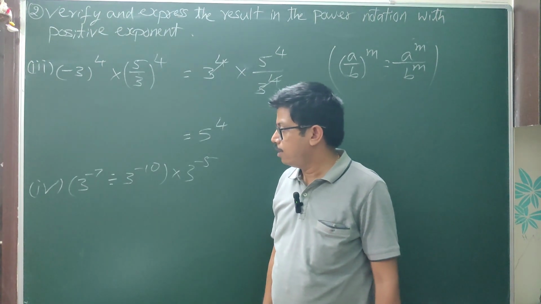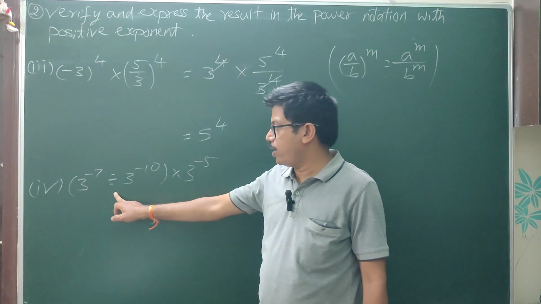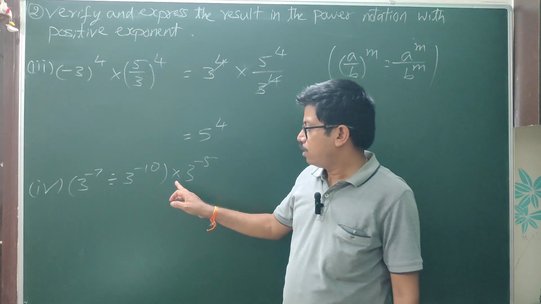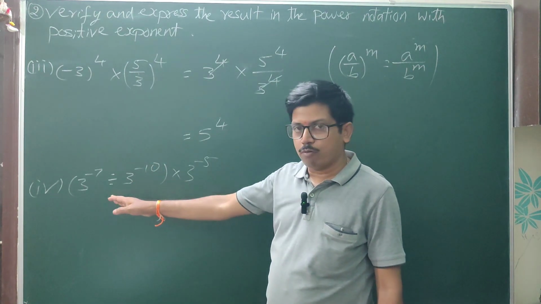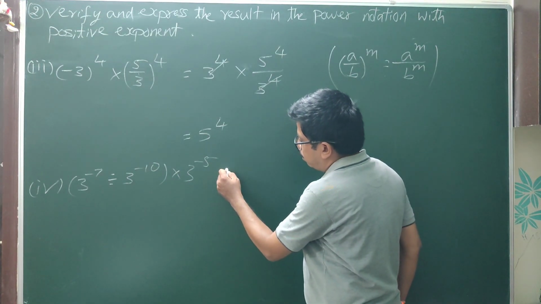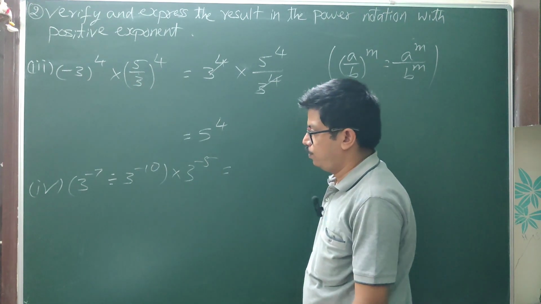Fourth question is 3 power minus 7 divided by 3 power minus 10, that is in whole bracket, into 3 power minus 5 equal to.